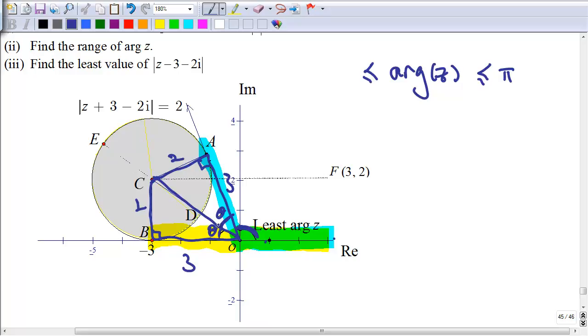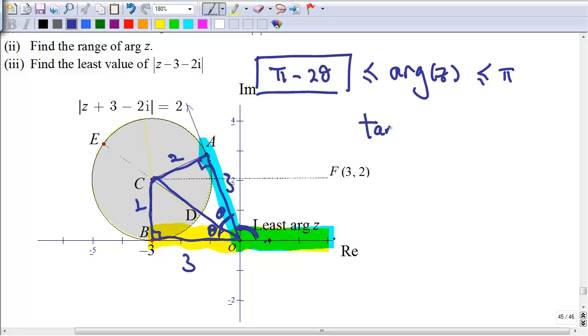So if I were to write down the least possible argument, then this would just be pi minus 2 theta. If I know what theta is, I will be able to find the range of argument z. So what is theta? Look at any of the two triangles.